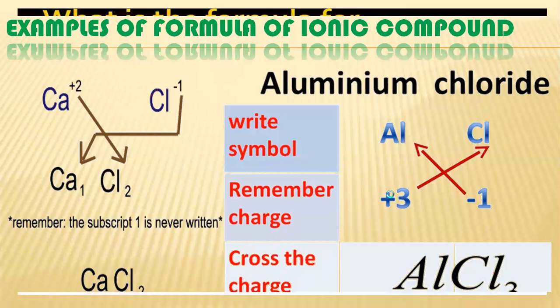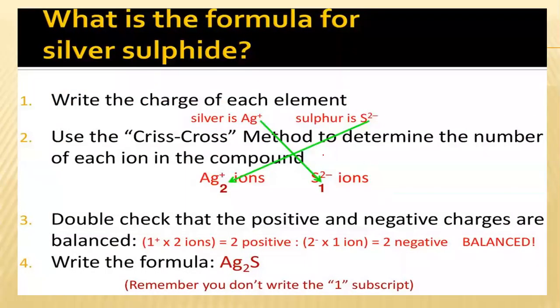Here is the same with silver sulphide. Sulfur has a negative charge, so that is the anion. We just crisscross its valencies and write the formula Ag2S. We can also pronounce it silver sulphide.